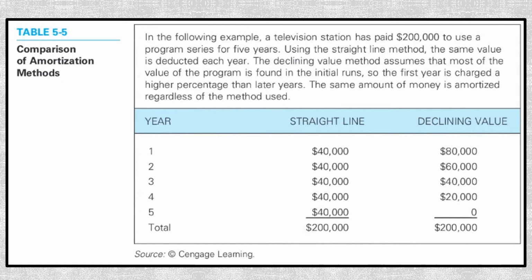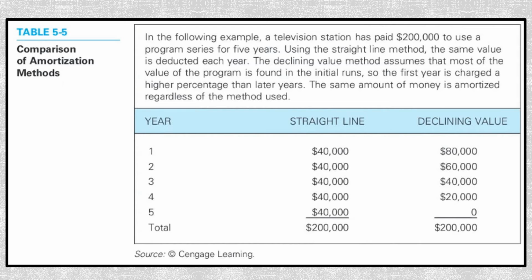So you see that a company bought an asset with a value of $200,000, and they're going to take that value of $200,000 and depreciate it over a period of 5 years. In the straight line method, they're taking the same amount out year after year after year, versus the declining value method. They take a larger amount out for year 1 and then prorate that value as the lifespan of that product goes along, to where they actually don't recognize any value in the final year.